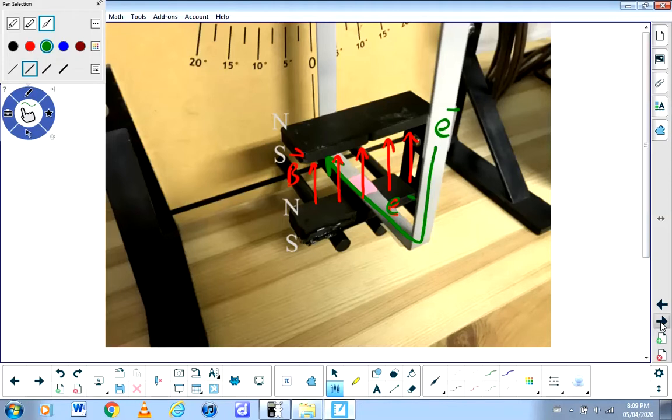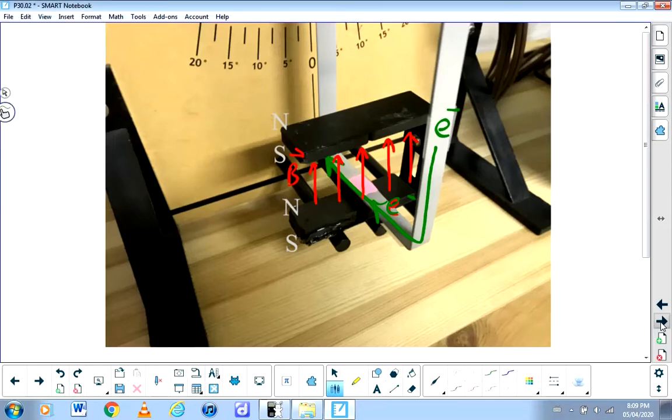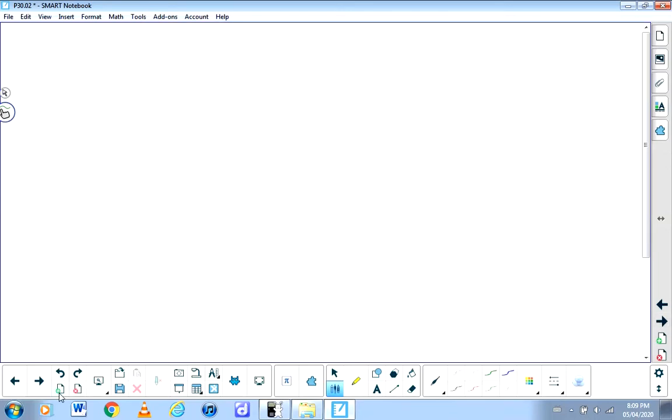What should happen is each electron in that conductor should be forced due to the magnetic field it's in, and as a result, that whole bottom bar should be forced. So what we're going to do now is look at a video of the demonstration, and I'm going to splice it in with this, and then once we're done with that video, we'll continue with the lesson.